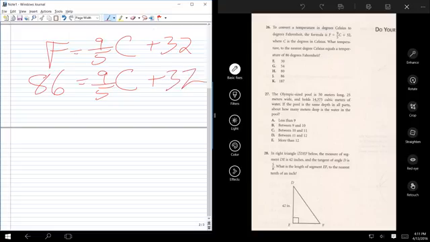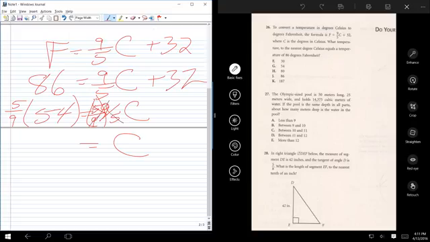Okay, so let's, first step, subtract 32. So we have 54 equals 9/5 C. How do I solve for C? Multiply by 5/9. Correct. Always multiply by the reciprocal, and you can see why that gets rid of the 9/5. 5 cancels with that, that 9 cancels with that.